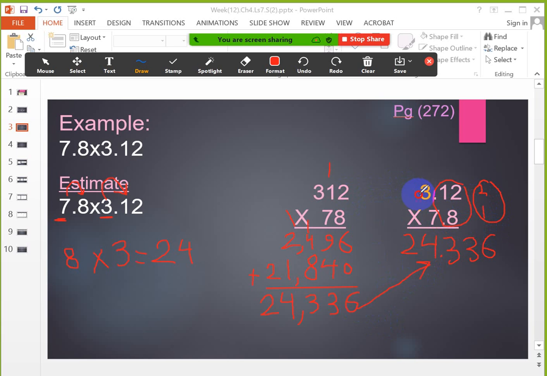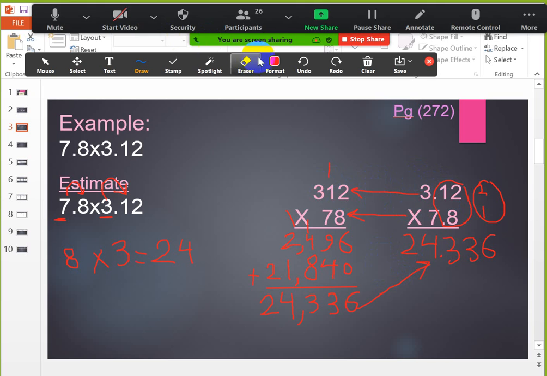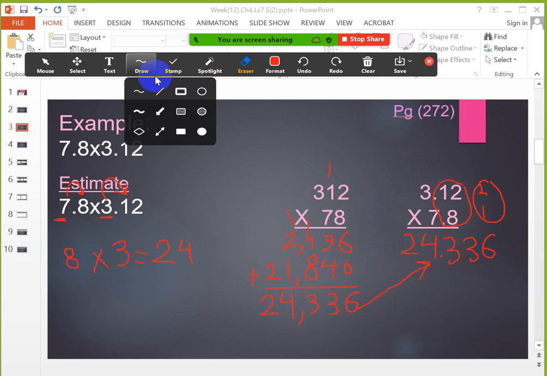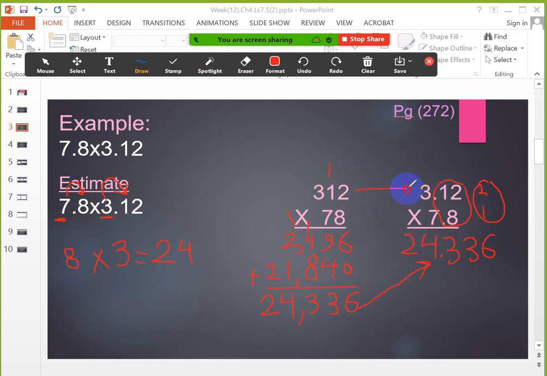To return from the whole number to the decimal number, I have to multiply the opposite way. I have to multiply this number with what? Could you please tell me, Larissa? 0.1 tenth. Again, I have to multiply it with what?